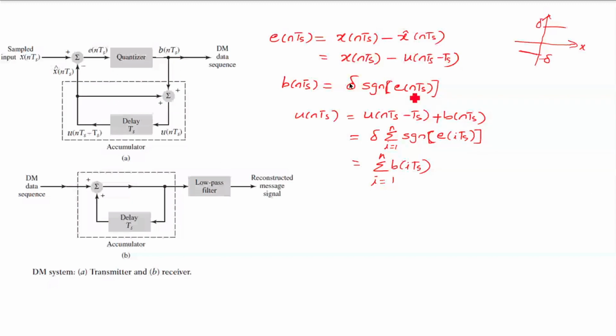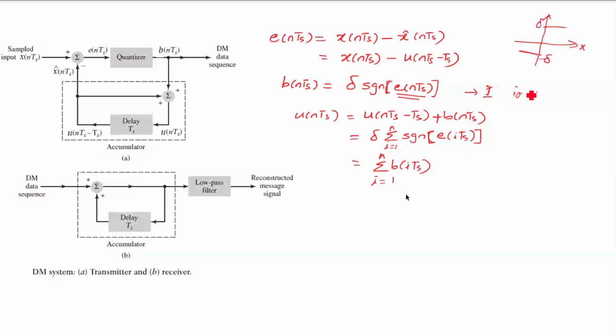It depends on the value of e of n into ts. If e of n into ts is positive, it is scaled by plus delta. If e of n into ts is negative, it is scaled by minus delta. That means if e of n into ts is positive, b of n into ts is as good as logic 1.